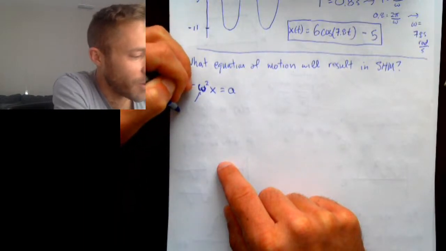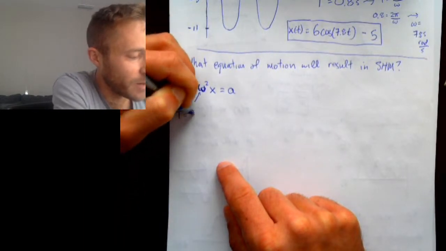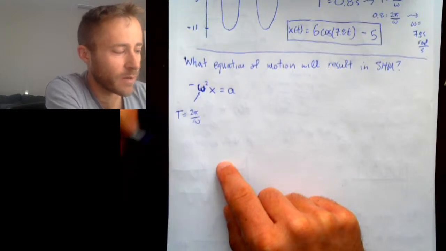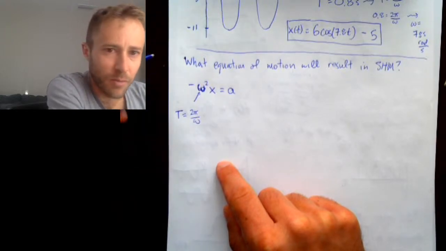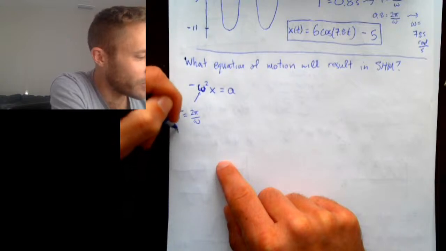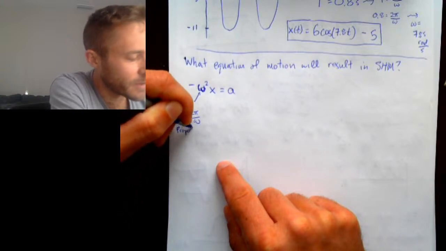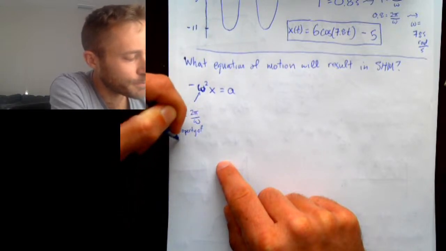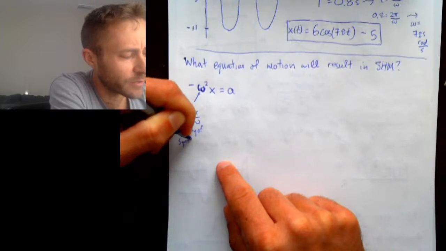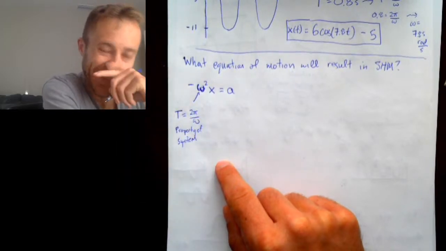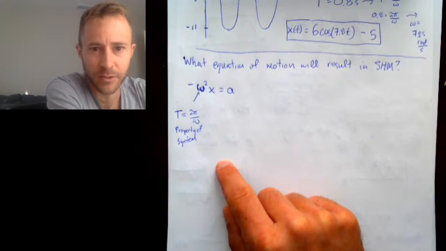So this is the same omega where period is 2 pi over omega, okay? And so basically omega squared is going to be a property of the system. And I'll explain in the next lesson how we can figure out what omega is.